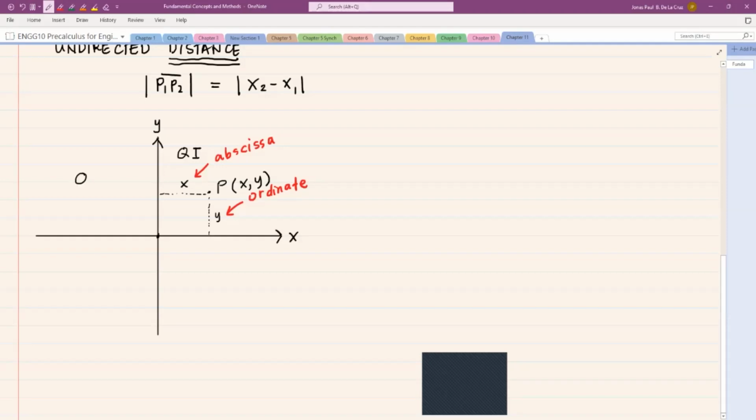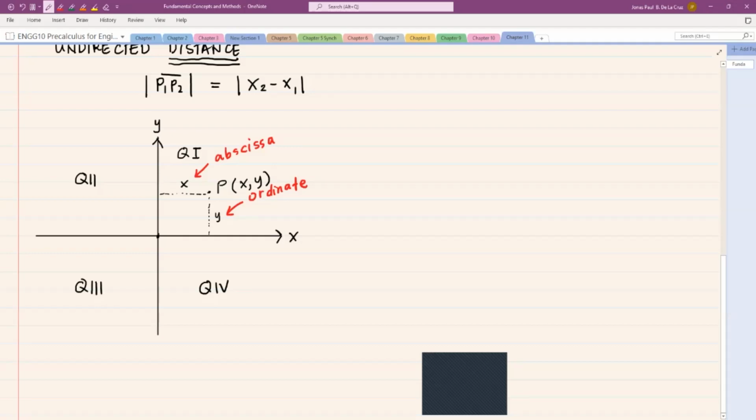Dito sa quadrant 2, itong x-coordinate niya, since this is to the left of the origin, negative yung kanyang abscissa, positive yung kanyang ordinate. Quadrant 3, both negative, di ba? Ito yung quadrant 3 natin. Negative yung kanyang abscissa at saka yung kanyang ordinate, negative din. And finally, itong quadrant 4, positive yung kanyang abscissa, negative ang kanyang ordinate. Okay, so that's it.